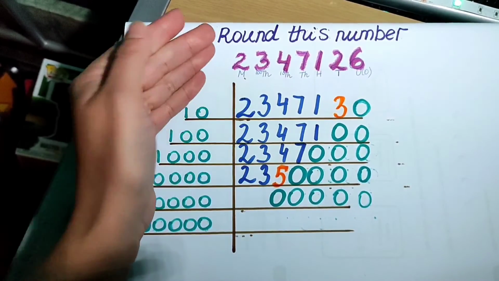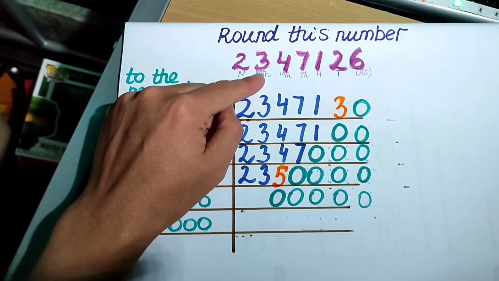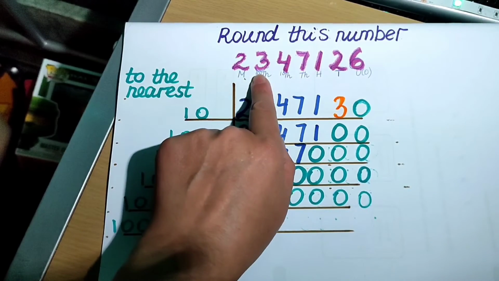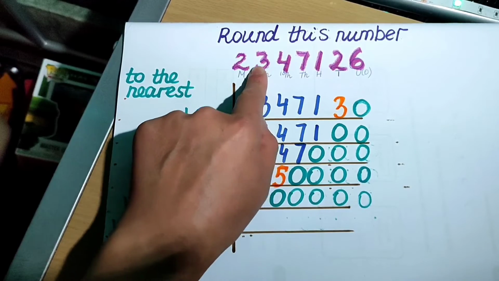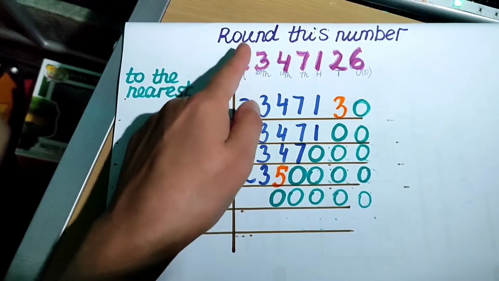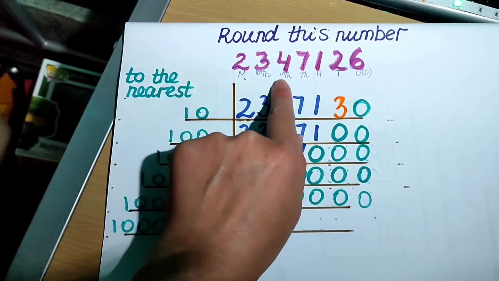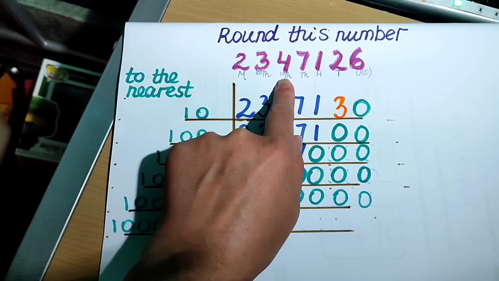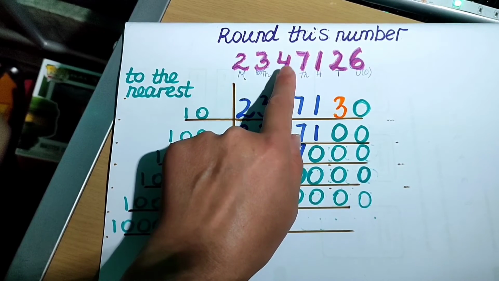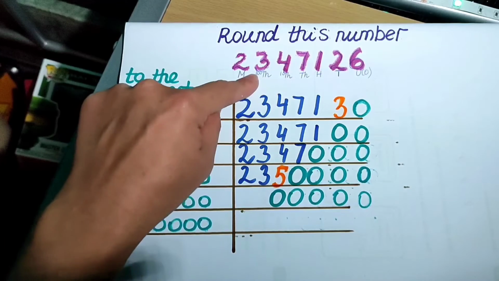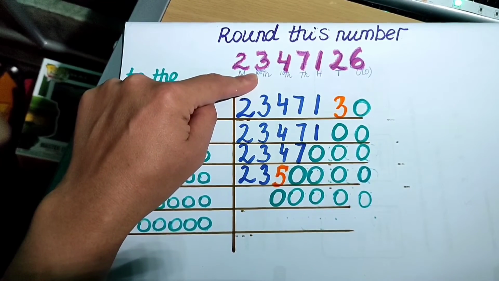Well, we can tell straight away that it's closer to 300,000, but how can we determine that our 3 stays the same and doesn't round up? Well, we're looking at the number right next to it, which is 4, and 4 is less than 5. That means that 3 stays the same.